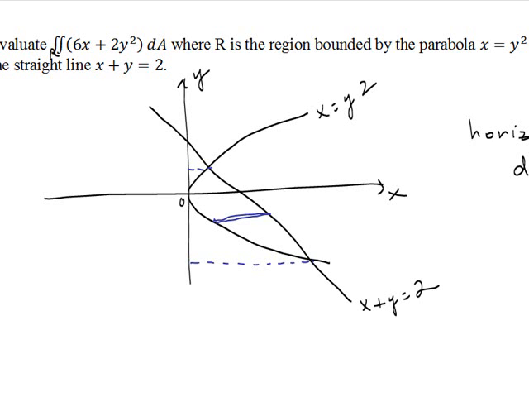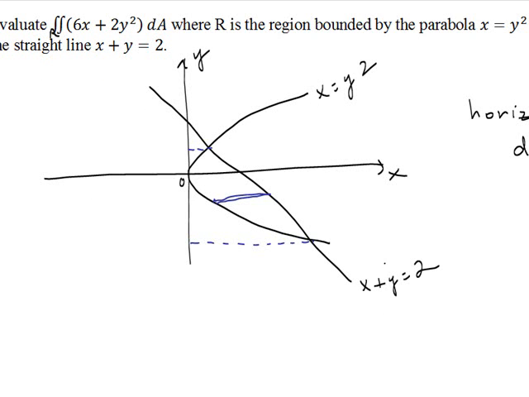That is why we need the y limit. So we take these two and solve. Put them equal to each other. I can substitute x equals y squared into the line.